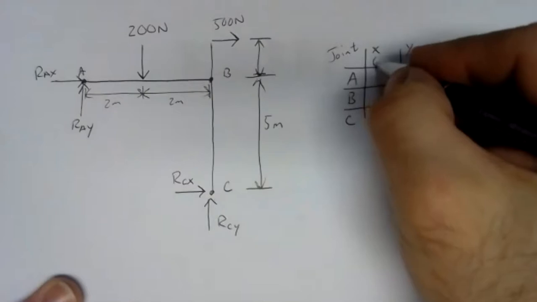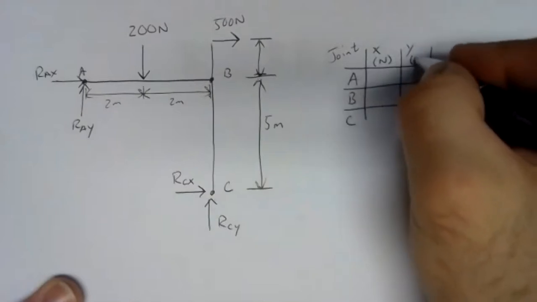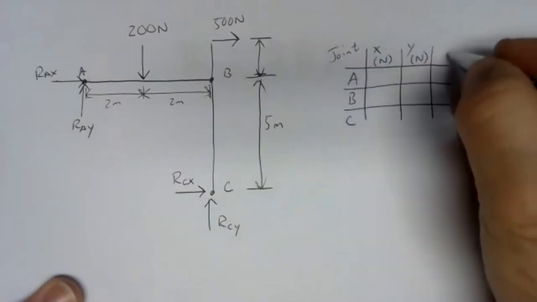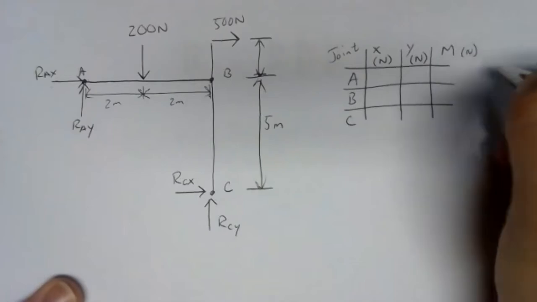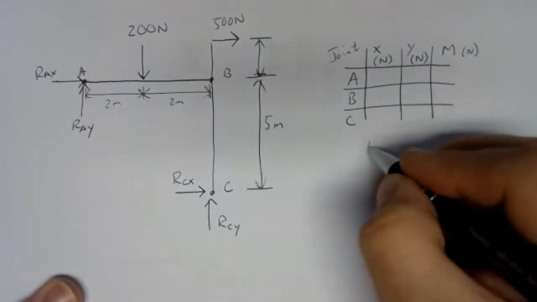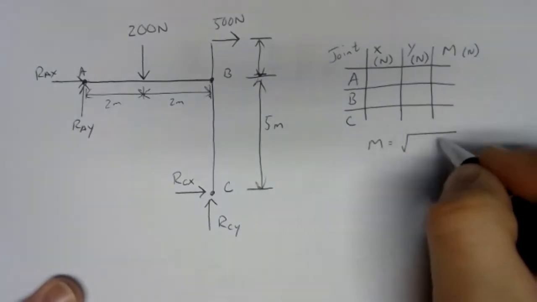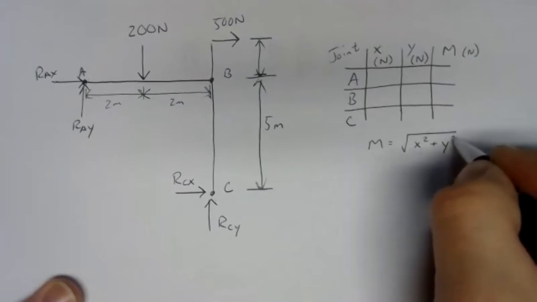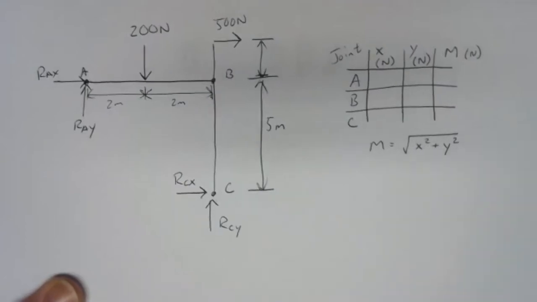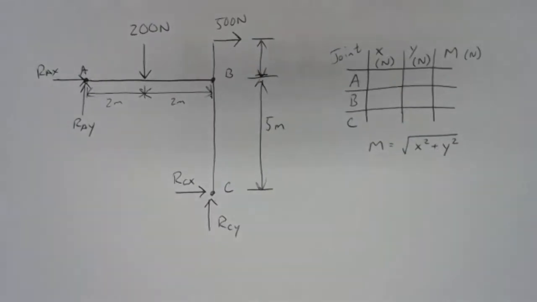And in this problem, those are in newtons. And then we're going to want our magnitude also in newtons. And remember that the magnitude is going to be the square root of the force in the X direction squared plus the force in the Y direction squared. That way we're getting the magnitude of the force. So we combine our X and Y components at each joint. We usually do that at the end.